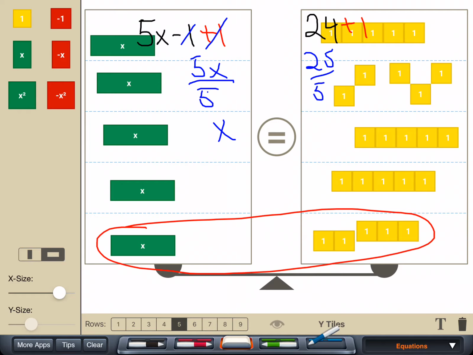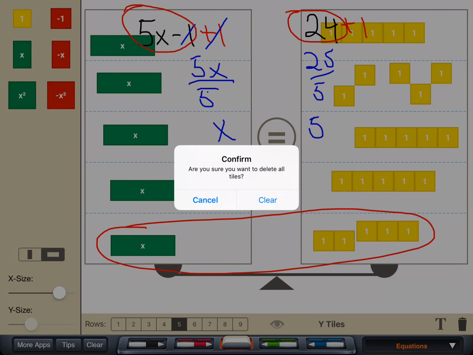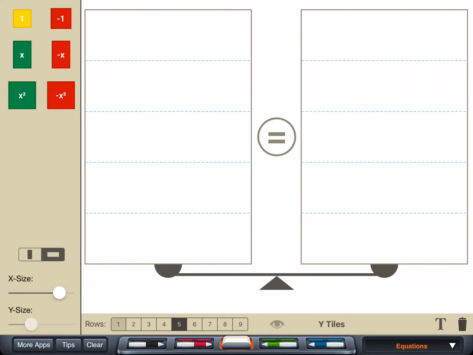So x equals 5. And if I put the 5 back into my original equation, 5 times 5 is 25, minus 1 is 24. Okay, let's do another one.